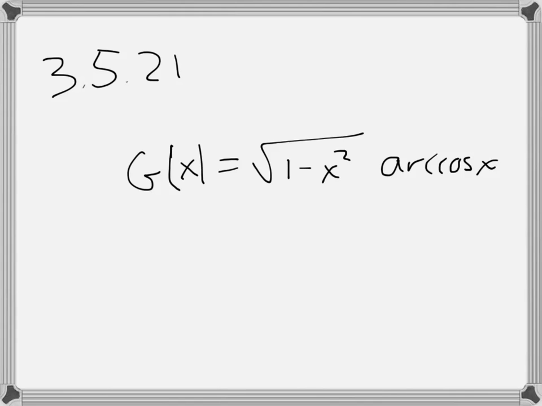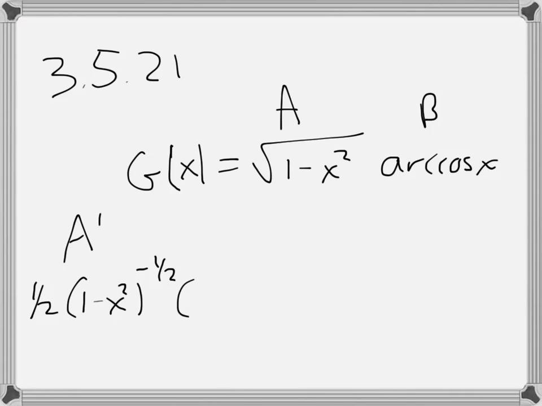So this is very clearly a product rule. This is my A, this is my B. So I want A prime, and I use the power rule on the square root, times the chain rule, which would be minus 2x, and I leave arc cosine x. So that's A prime B, plus A B prime.